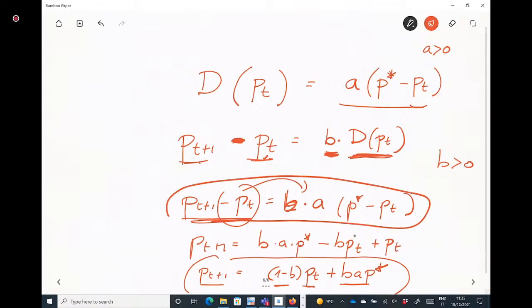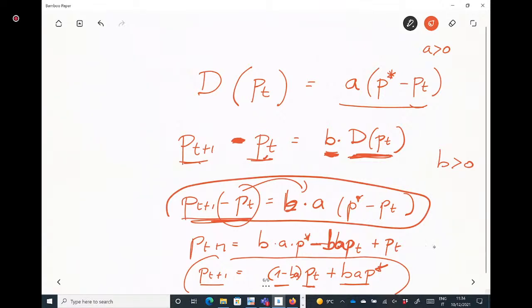Of course, here there is also A: BA P star minus BA Pt plus Pt. So this is 1 minus BA Pt, okay? I forgot the A here.